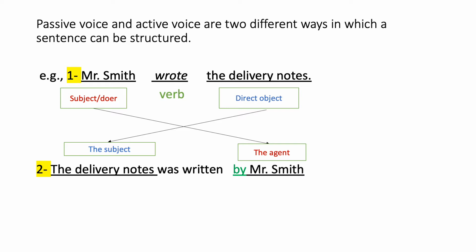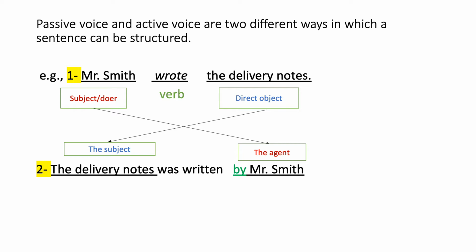So we get: the delivery notes was written by Mr. Smith. Here the subject or the doer became the agent, by Mr. Smith, and the direct object, the delivery notes, became the subject in the passive sentence. And we have our verb, which is was written.